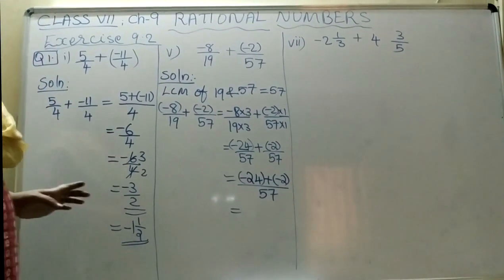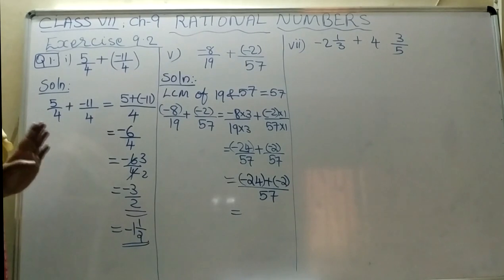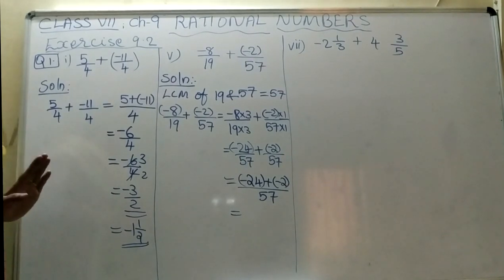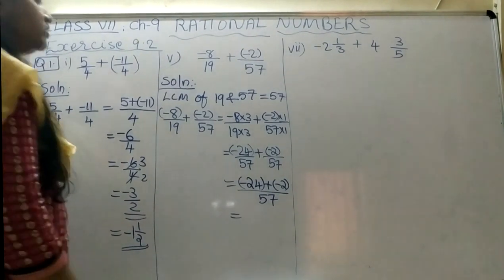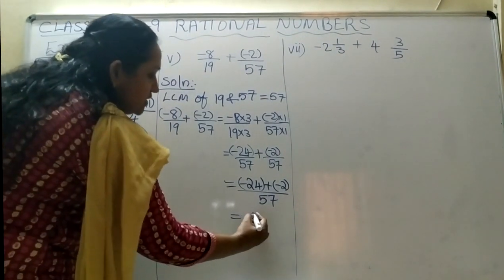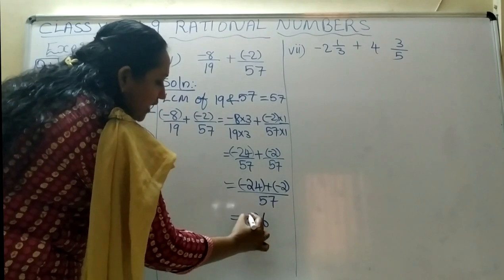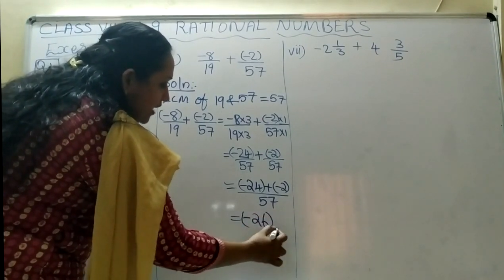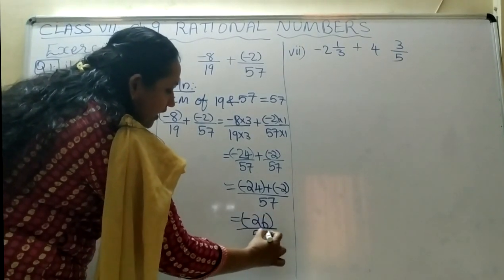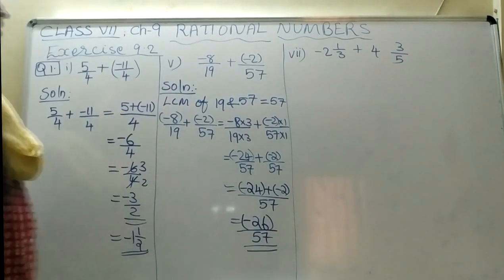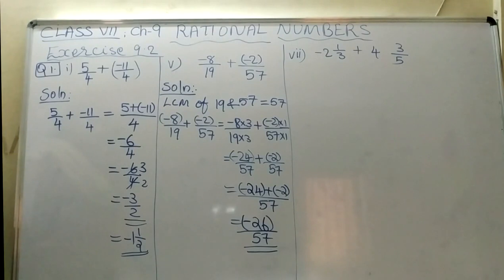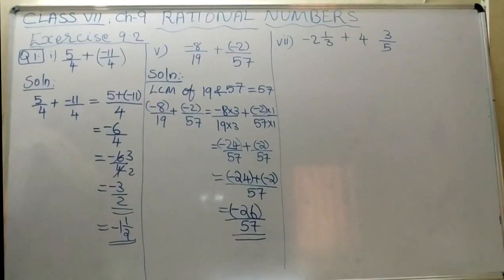So while adding two integers having the same sign, add the integers and put the same sign. So 24 plus 2 gives 26. Both are negative, so the numerator is having negative sign, divided by the denominator 57. So the answer is minus 26 upon 57.